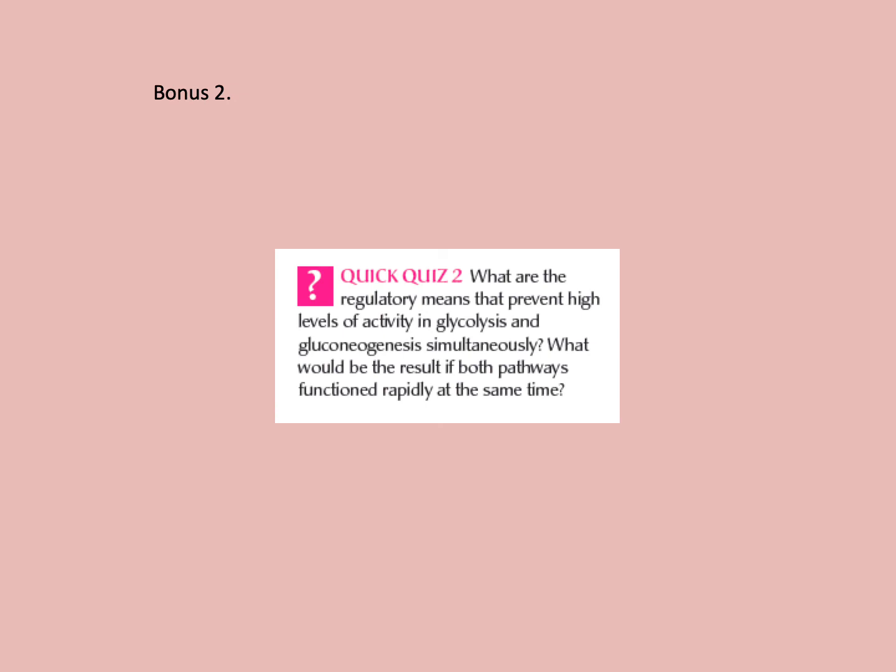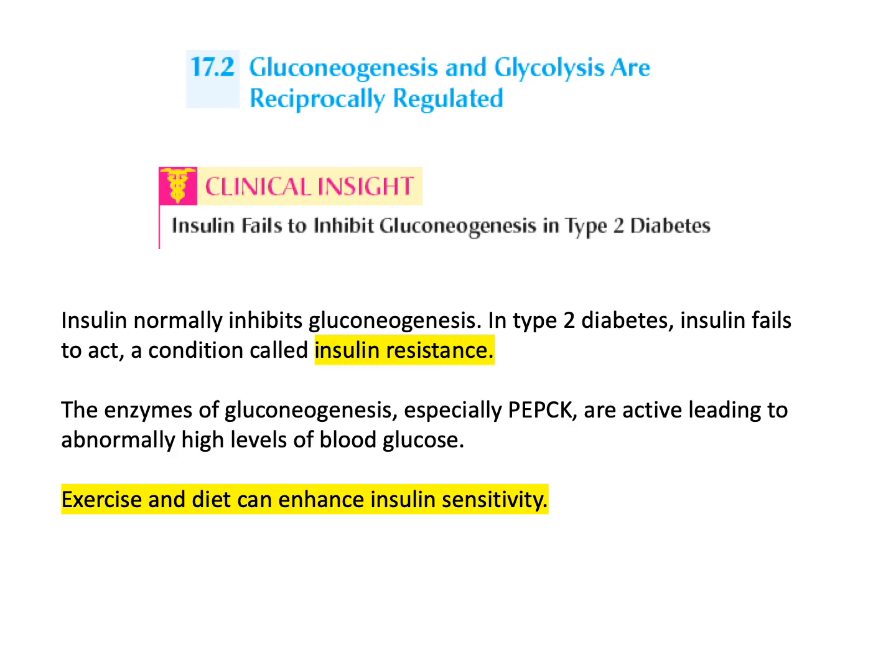This is another bonus question. Insulin normally inhibits gluconeogenesis. We learned that glucose can trigger insulin secretion, and insulin is supposed to inhibit gluconeogenesis. In type 2 diabetes, insulin fails to inhibit gluconeogenesis, and that condition is called insulin resistance.